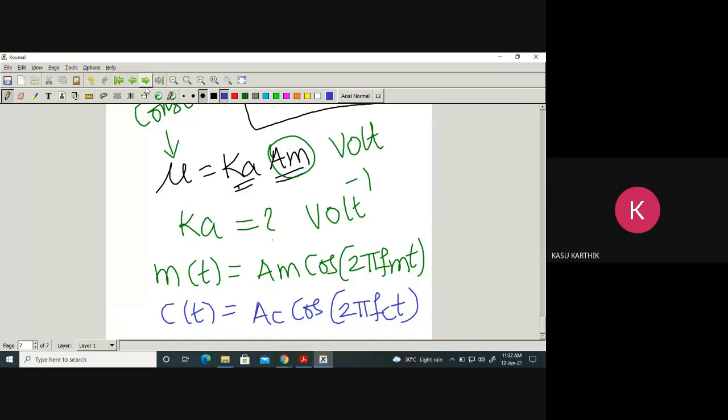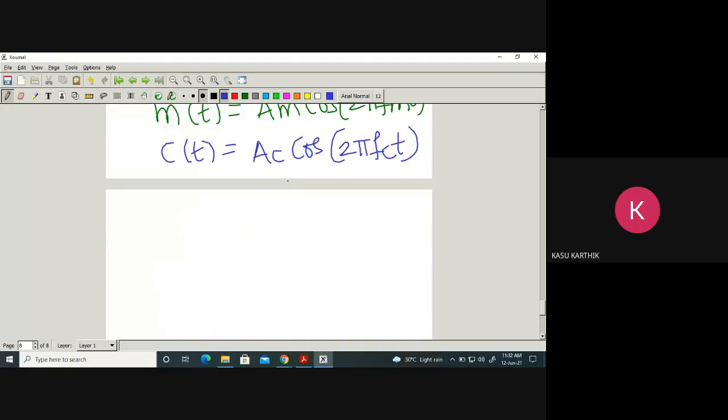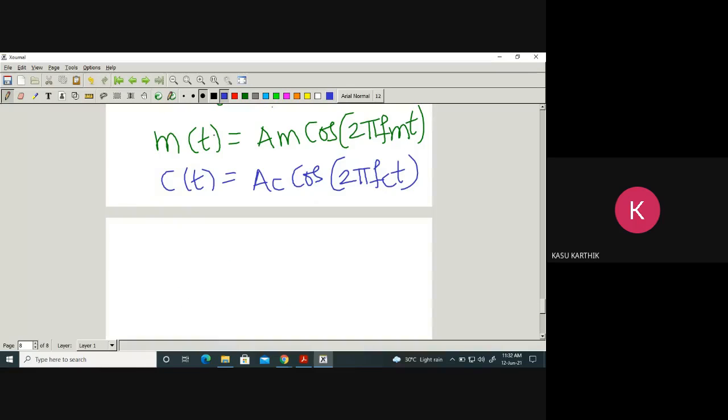Now, how do we identify which is message and which is carrier? Both are cos functions only. Identification is very, very simple. The carrier frequency should be much more than the message frequency. So the cos function which has the higher frequency is said to be the carrier.